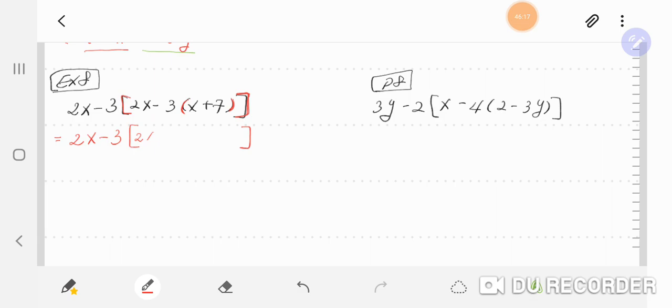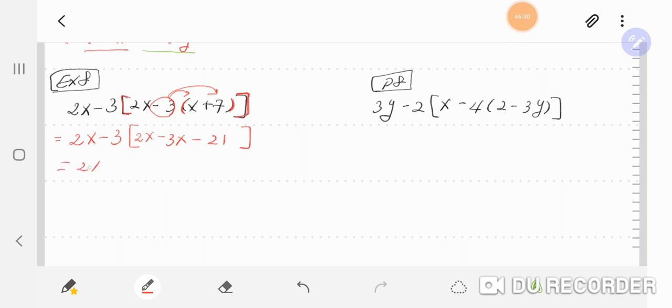And inside the large bracket, we have a parenthesis. So why don't we just simplify this parenthesis? So that means multiply each term by negative 3. So there will be negative 3x. So multiply 7 by negative 3. So that is negative 21.